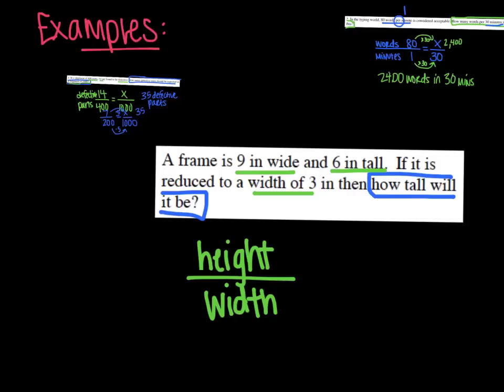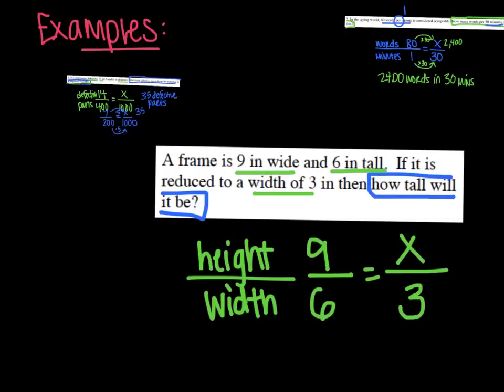So the height was 6 when it was 9 inches wide, which equals, because we're proportional, so it's balanced, it's being reduced and increased equally. I have a width of 3, so I put that in the width column and solve for x.